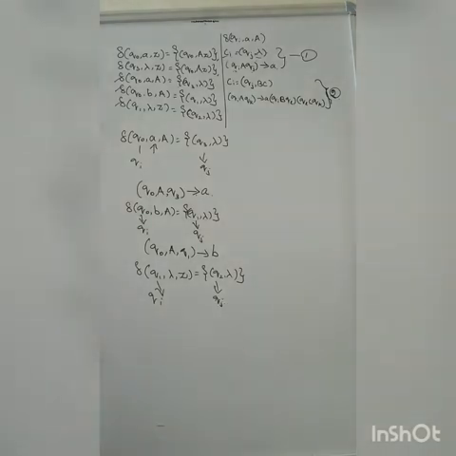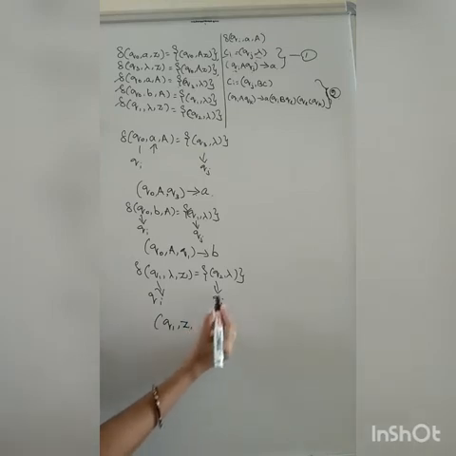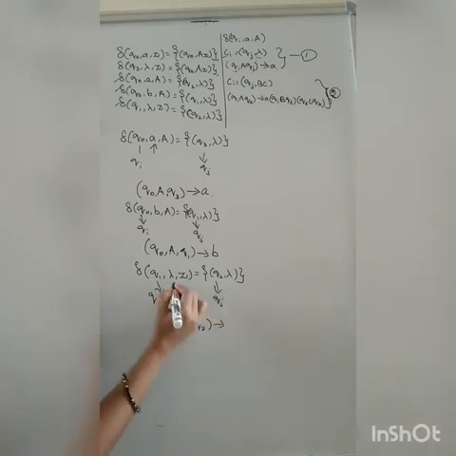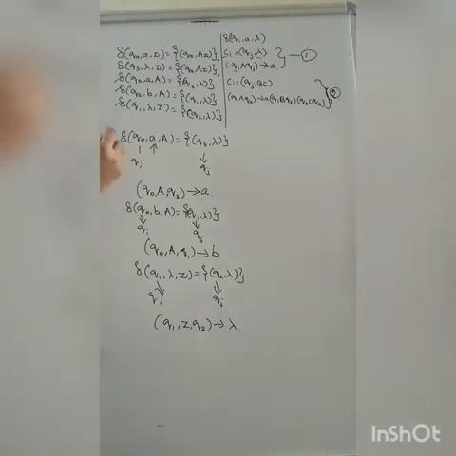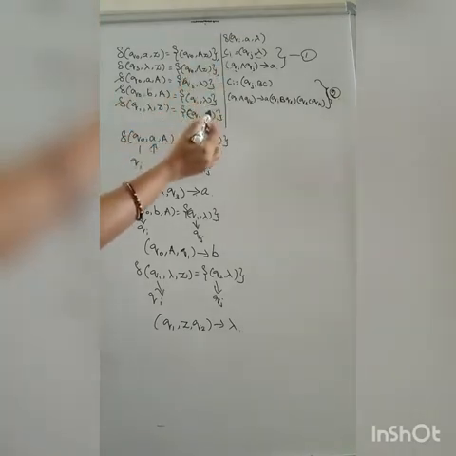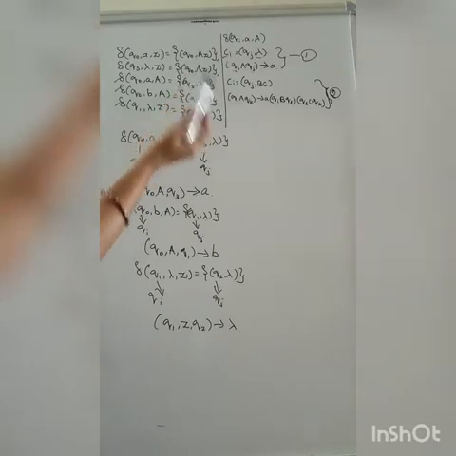So here, how can we write it is, we can write it as Q1 comma Z comma Q2 tends to the input symbol, empty string lambda. So here we have defined the grammar for these three transitions using form 1, since we have the form Qj comma lambda.